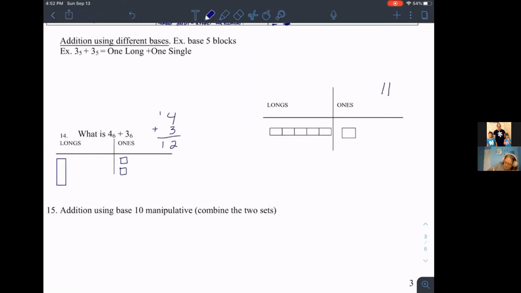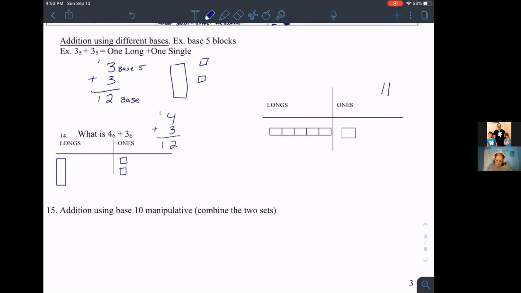Because if you're counting in base 5 and you add 3 plus 3, we have to carry over because there's no number 5 in base 5, so it would be 12 is how you would add it. That would give you 1 in the tens place, and then you have 2 left over. So that's kind of how it works.